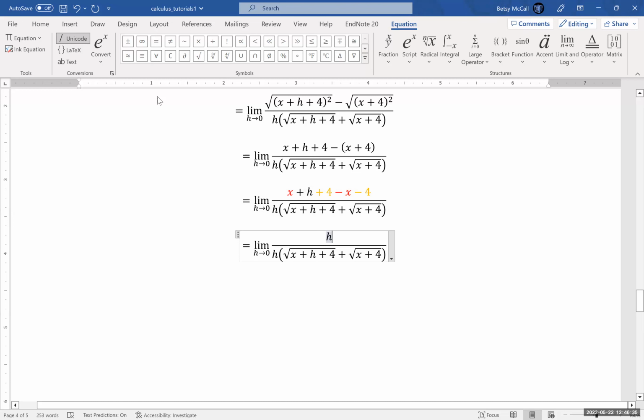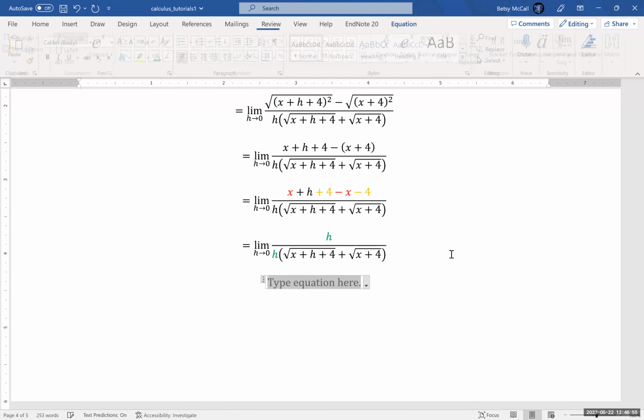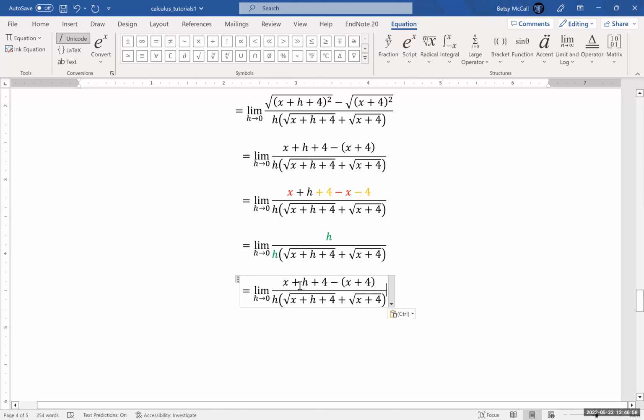And now we can cancel the h's. This h can cancel with this h. And when we do that, we just get 1 in the numerator and this crazy expression in the denominator. And now we can plug in our h equals 0.